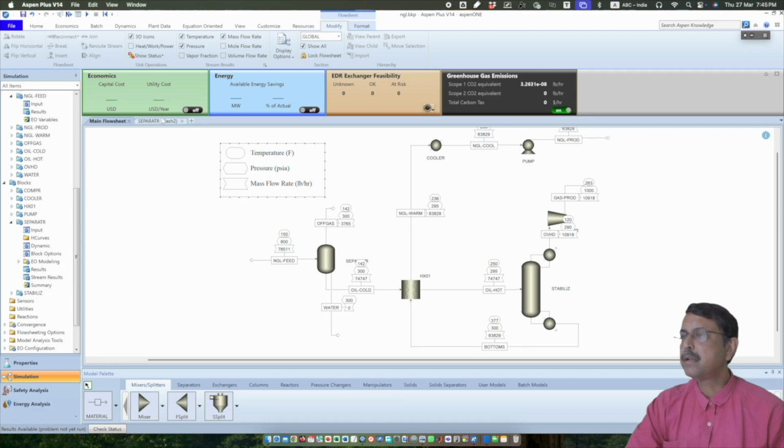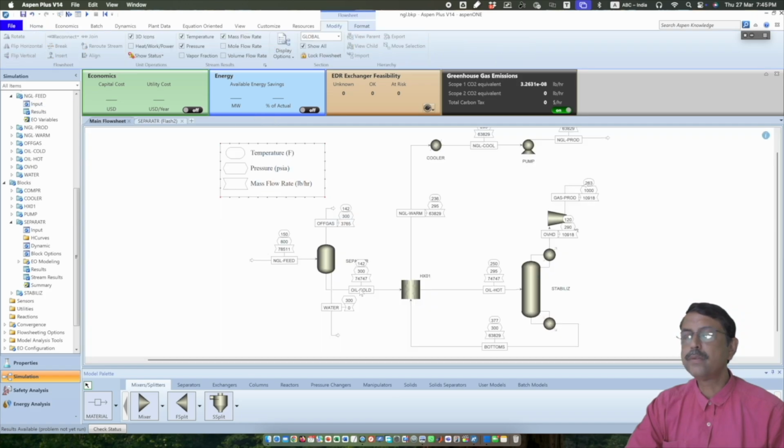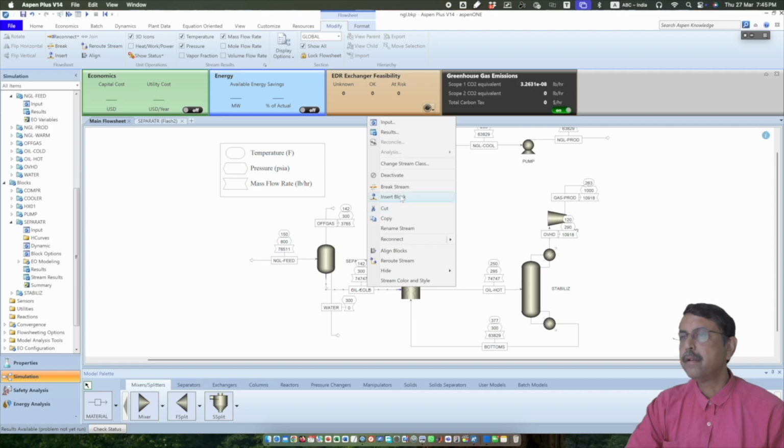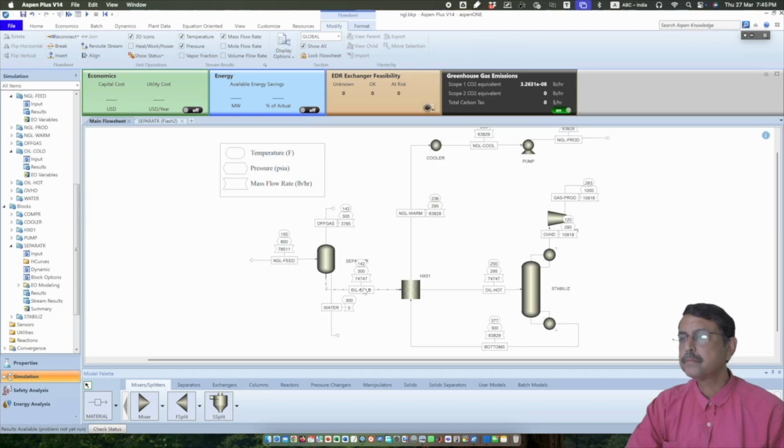Let us check the quantity of input water. Actually, water is 4.4.